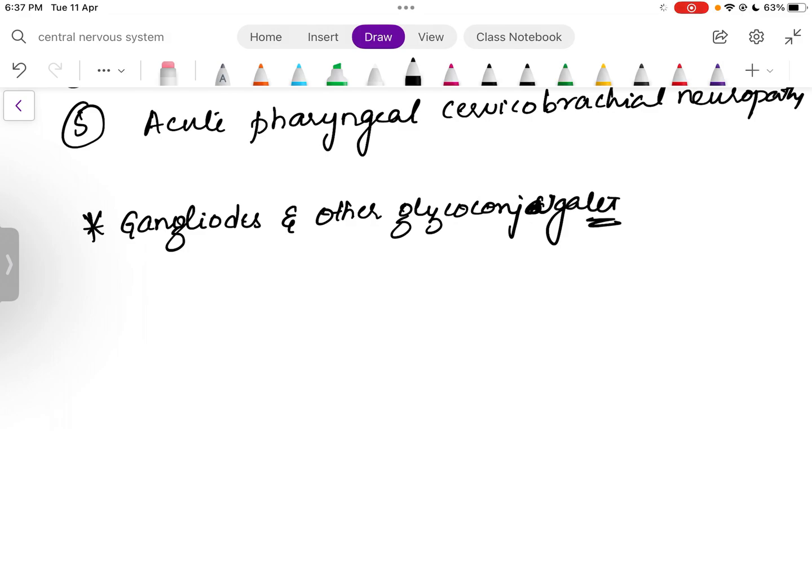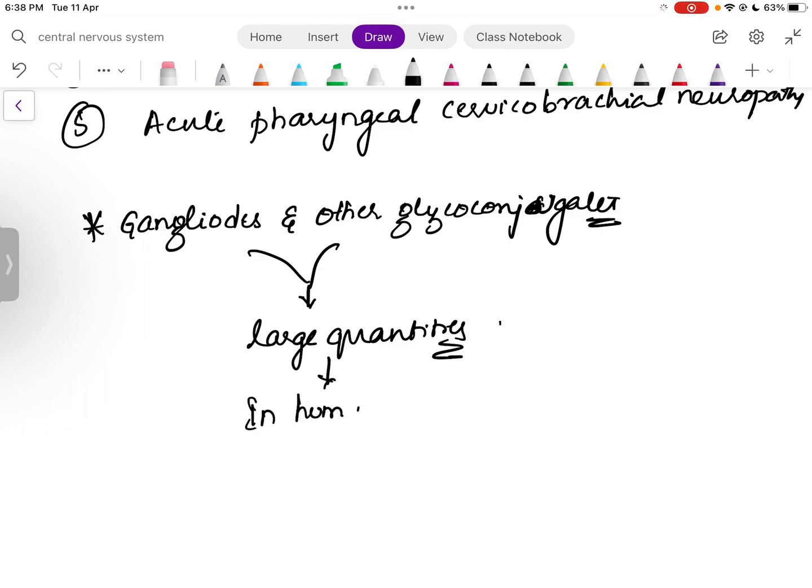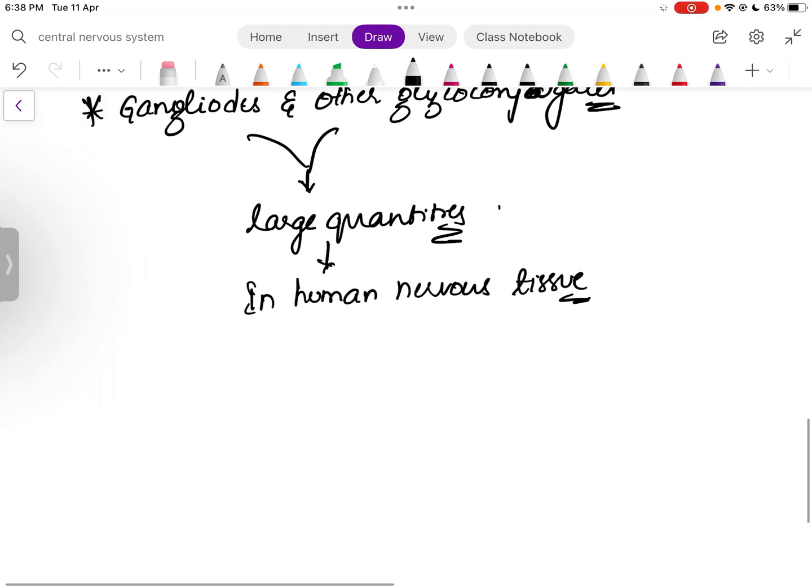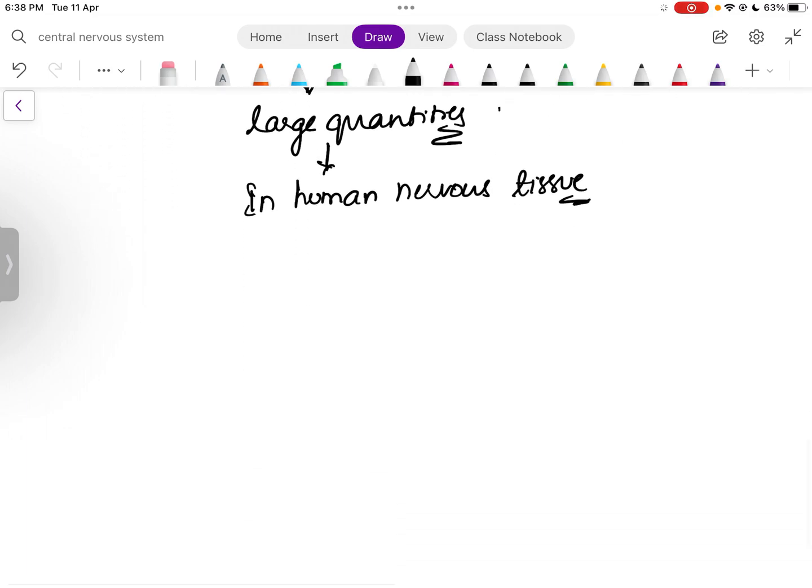These are present in large quantities in human nervous tissue, and they are mostly concentrated at the nodes of Ranvier.